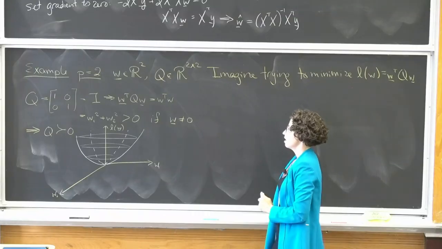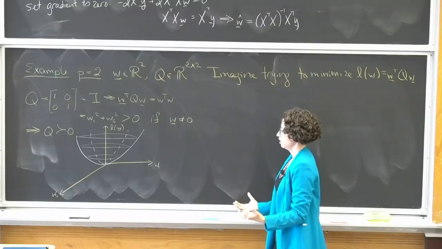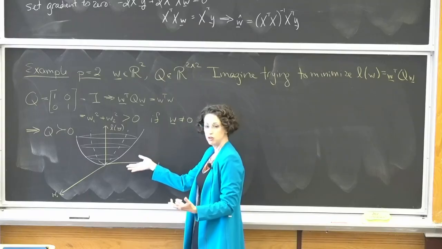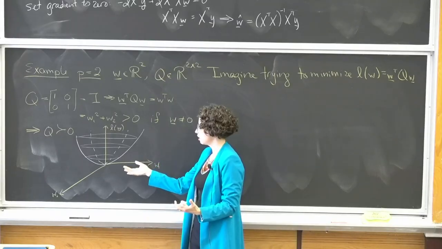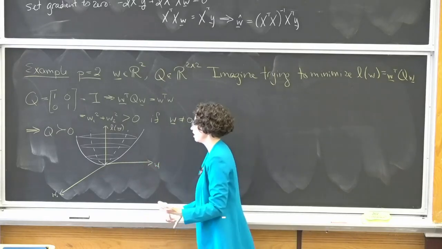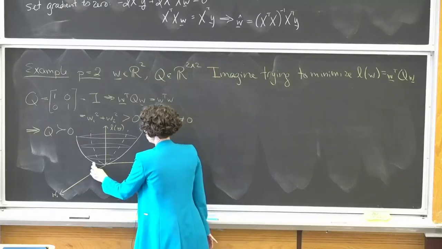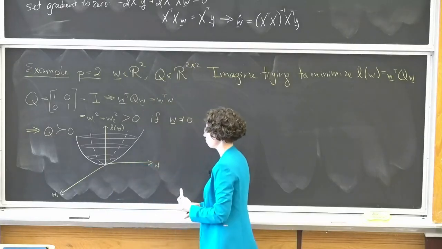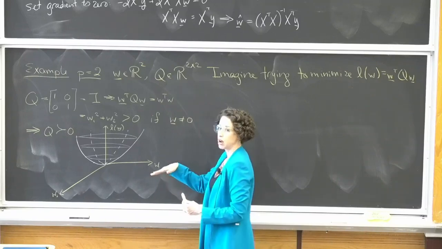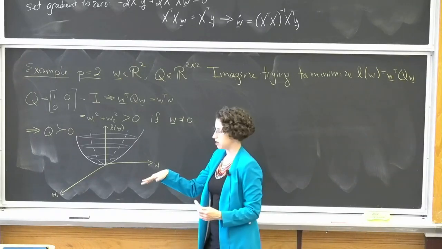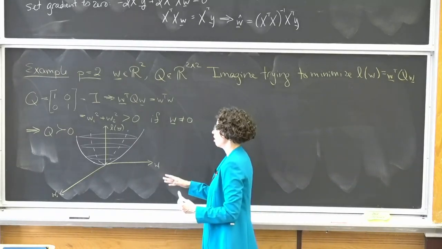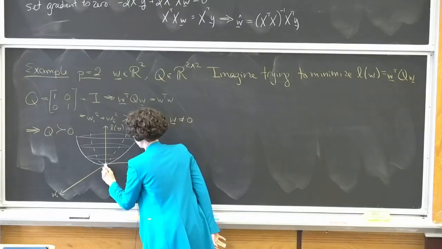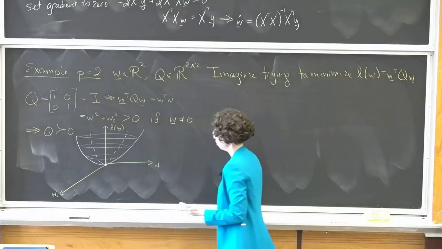And so you can imagine that if we were to take a function like this, compute its gradient, and set its gradient equal to 0, what does that mean? It means finding a point where I look at how much the function is changing in the W1 and W2 directions and figure out where there's no change, where the derivative is 0 in all directions, which is right here at the bottom of the bowl.